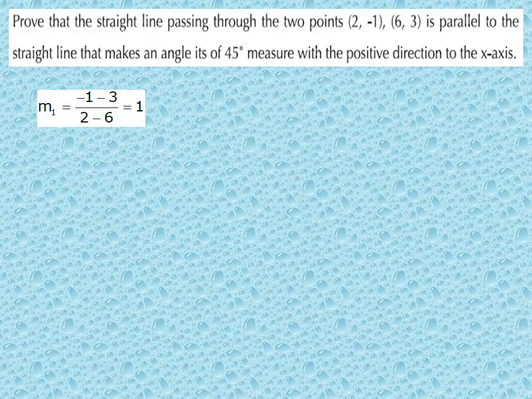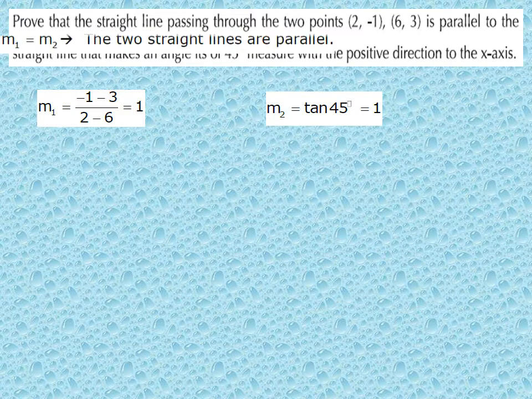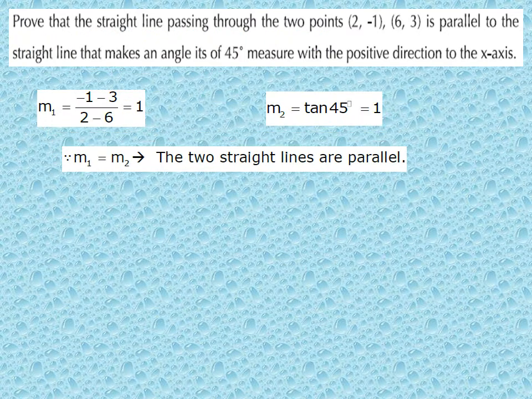First, find the slope of the first straight line: m1 equals -1 minus 3 over 2 minus 6 equals 1. The slope of the second line, m2, equals tan 45 degrees equals 1. Since m1 equals m2, then the two straight lines are parallel.